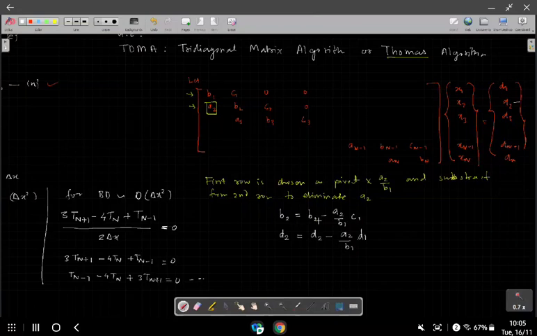Okay, so B2 is expressed as B2 minus A2 over B1 times C1. A2 got eliminated because we have multiplied in such a way that A2 will be subtracted and eliminated.